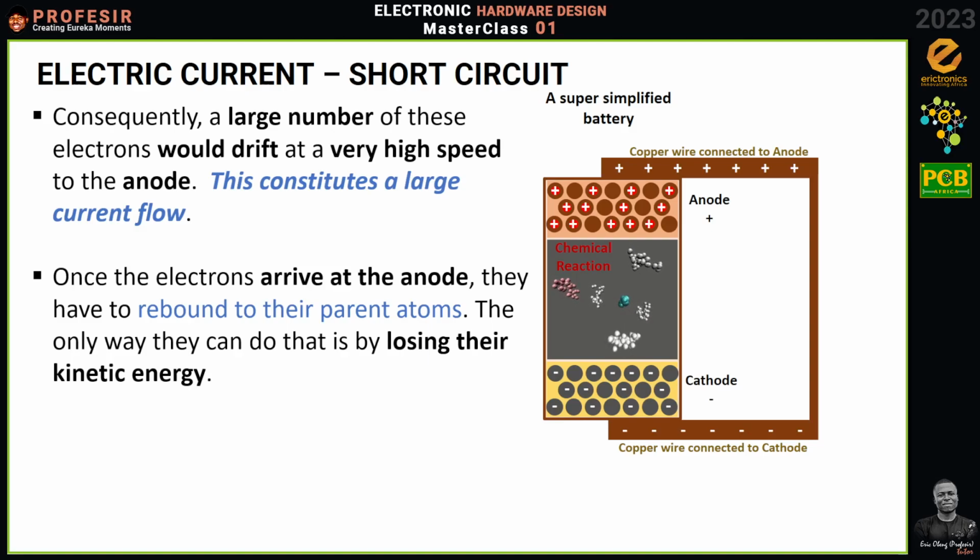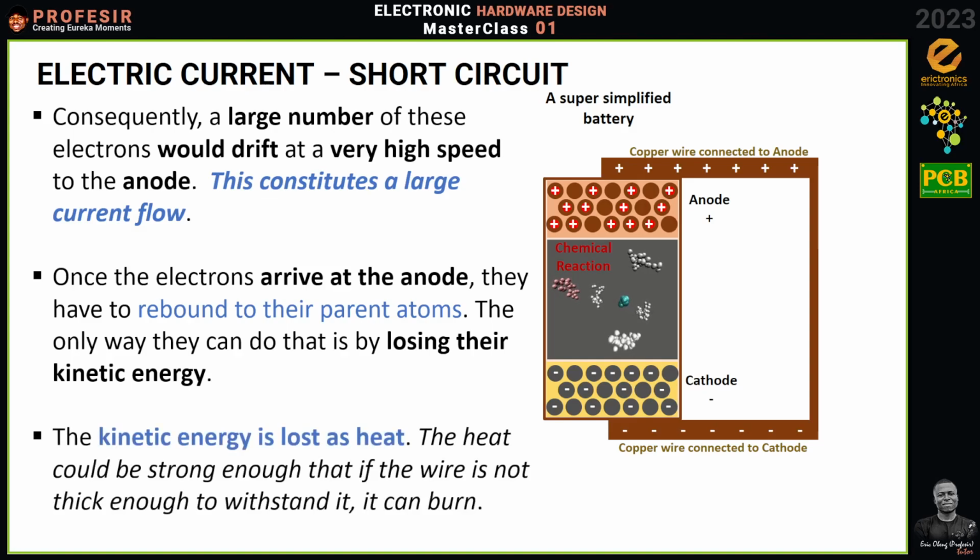Now, as these atoms vibrate, they lose the energy through heating. They give up that energy. And where do you think that energy will go? The heat energy will be felt in the material. The atoms vibrating will cause heating in the material. So the second thing that we're going to see is that the conductor is going to heat up as a result of the lost kinetic energy being converted to what?